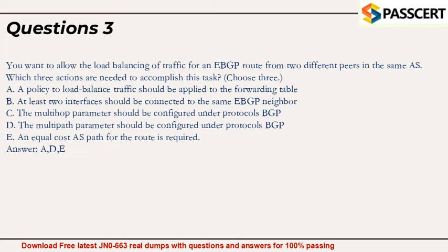B. At least 2 interfaces should be connected to the same eBGP neighbor. C. The multihop parameter should be configured under protocols bgp. D. The multipath parameter should be configured under protocols bgp. E. An equal cost AS path for the route is required. Answer: A, D, E.